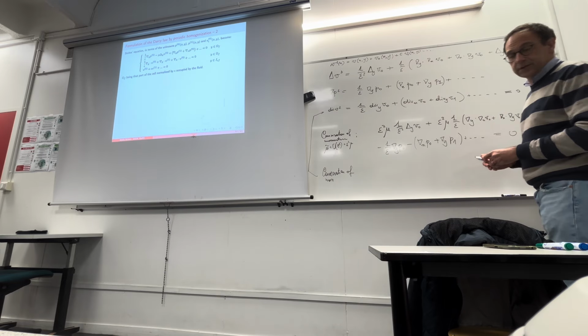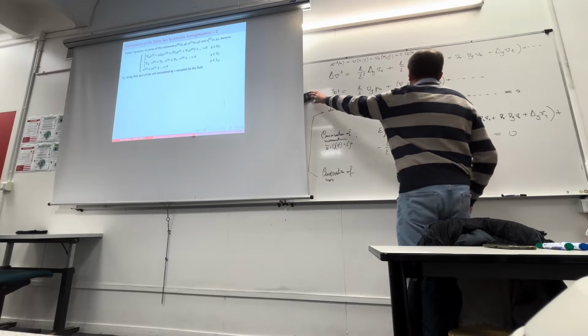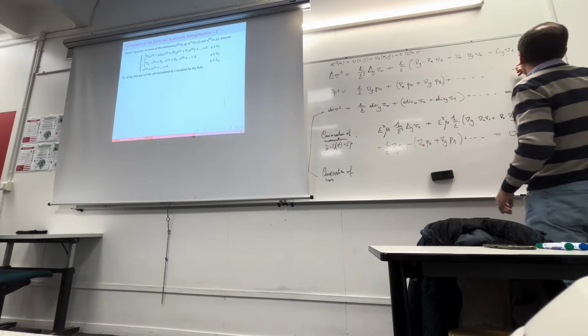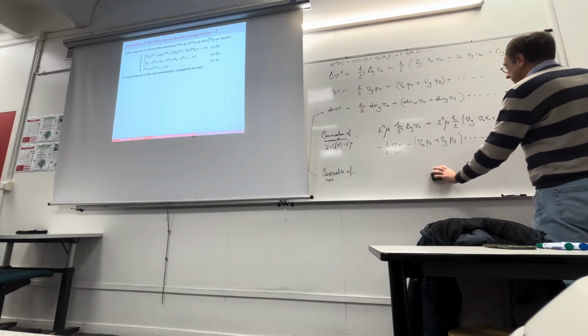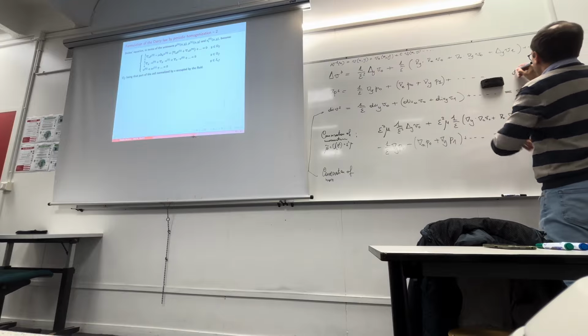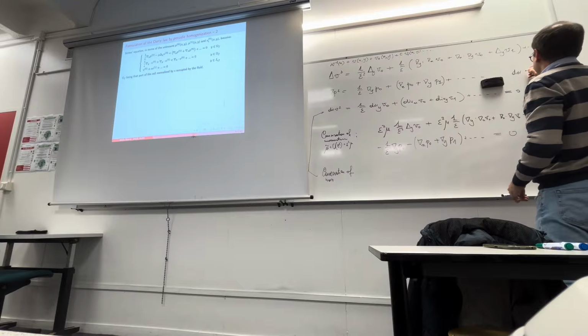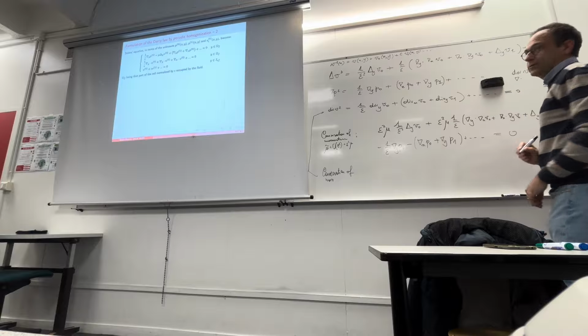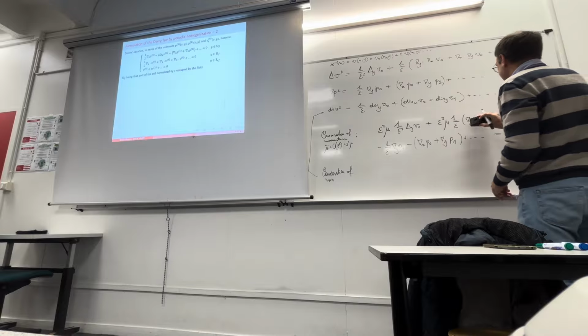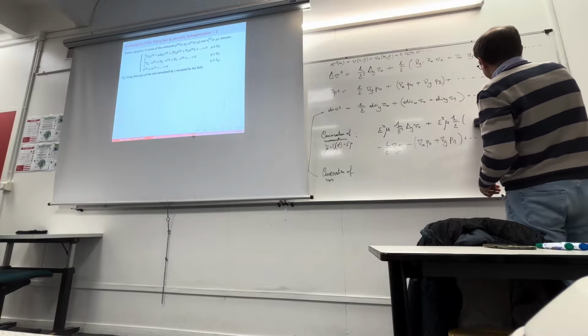Sorry, because I used a mixed notation. Probably you are not familiar with this. The divergence can be written either like that, divergence of V, or like that with a dot. So let's use the same notation.